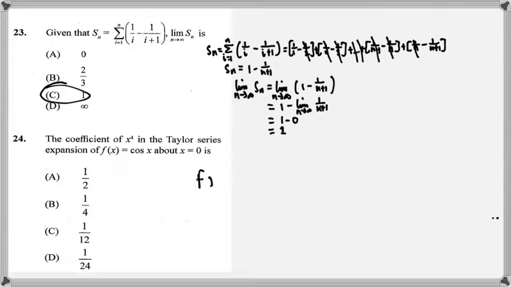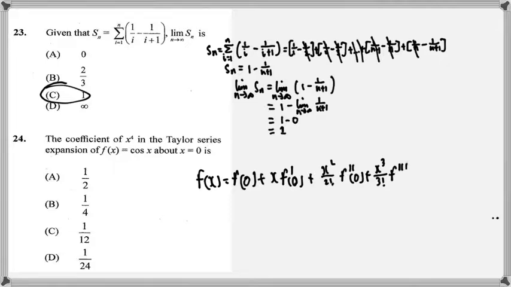What is the Maclaurin series? f of x is equal to f of 0 plus x times f prime of 0 plus x squared on 2 factorial times f double prime of 0 plus x cubed on 3 factorial times f triple prime of 0 plus x to the power of 4 on 4 factorial times the 4th derivative.